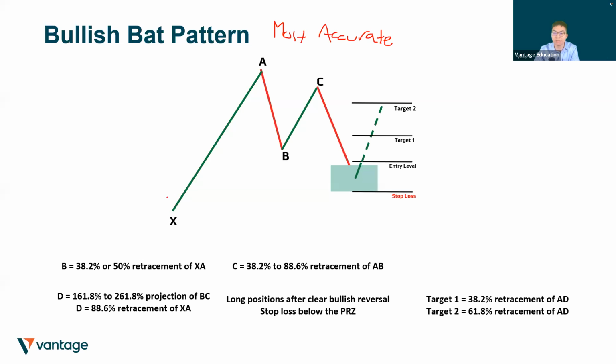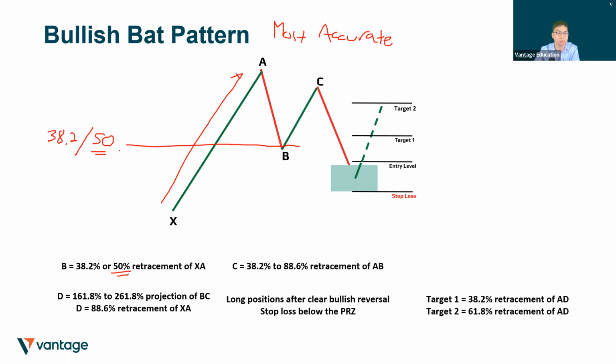After the impulse wave XA, the corrective retracement should be at either 38.2% or 50% retracement of XA, with 50% being the ideal. If you noticed just now, the Gartley is at 61.8%, but for this, it's 38.2% or 50% Fibonacci retracement. 50% is the ideal one.